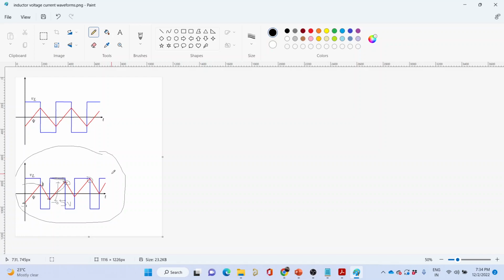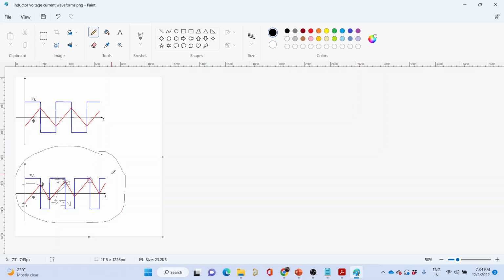Flux won't go above that value. So what would happen to the voltage induced across the inductor in the saturation period?